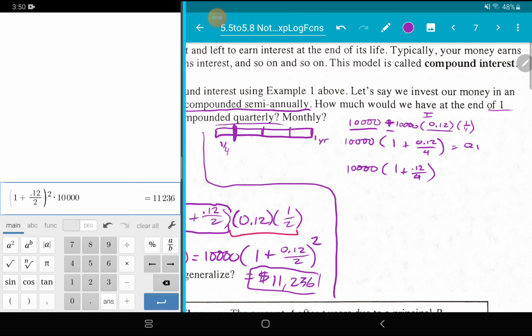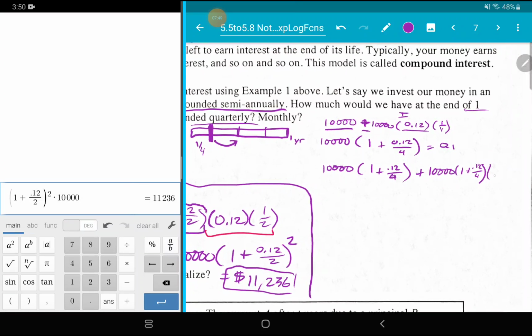Right, that's our new principal that we're going to start getting paid again. And now we have to earn another amount after that, plus our amount that we have, right? 1 plus 0.12 over 4. And then we have to multiply it by its interest rate being 0.12 for another 1/4 of a year. That's going to finish off our payment right here in the next half, for the first half of the year, right? Now we have 2 payments.